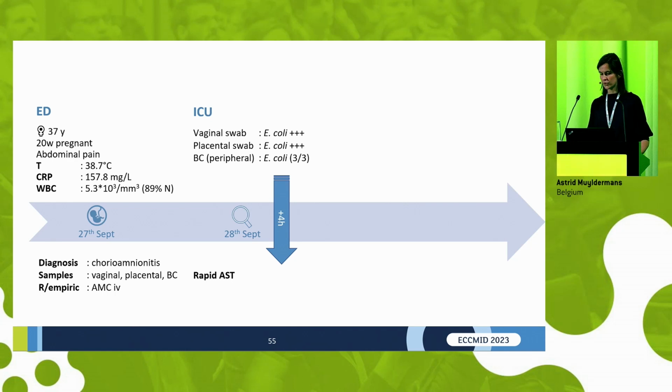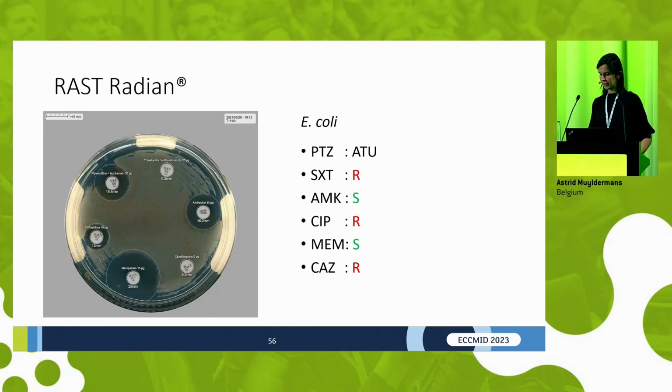From those blood cultures, we performed a rapid AST with the Radian, and only 4 hours later, we already had the results, showing that the strain was only amikacin and meropenem susceptible. Unfortunately, you don't have specific breakpoints for amoxicillin-clavulanic acid with the rapid AST breakpoints.